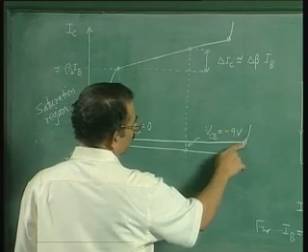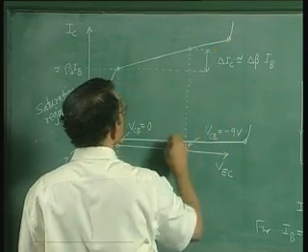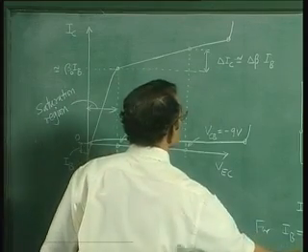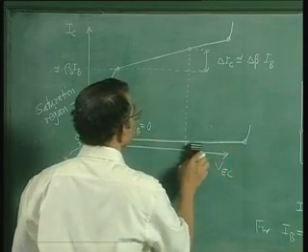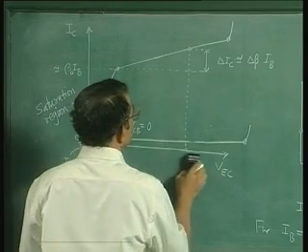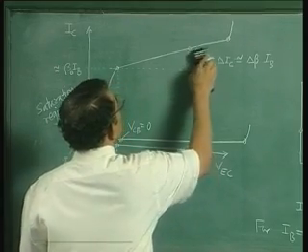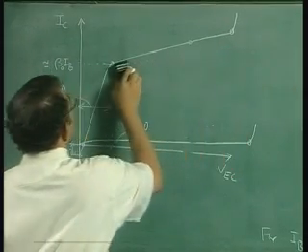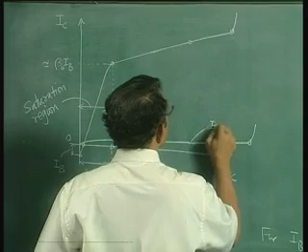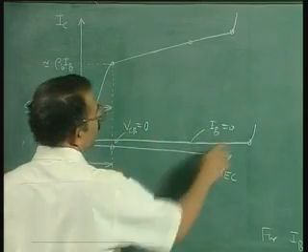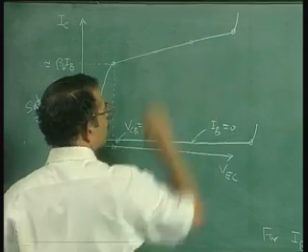Now the breakdown voltage here is not the same as the breakdown voltage here for higher value of IB. Now we will remove these other things. This is for IB equal to 0. Breakdown voltage for IB equal to 0 is more than breakdown voltage for any other value of IB.